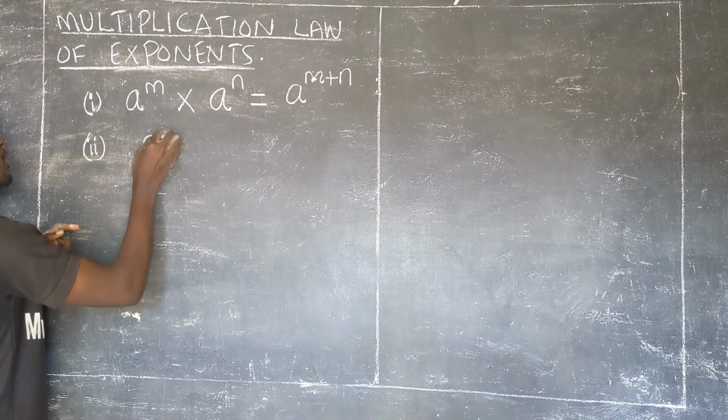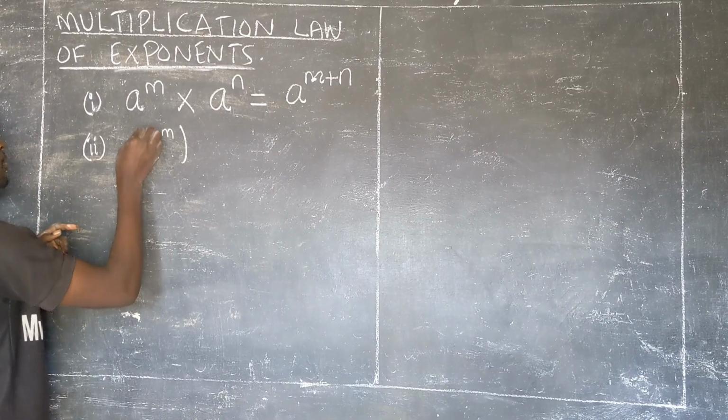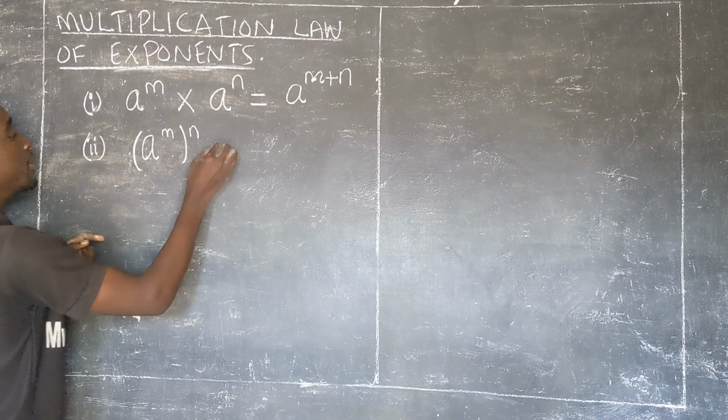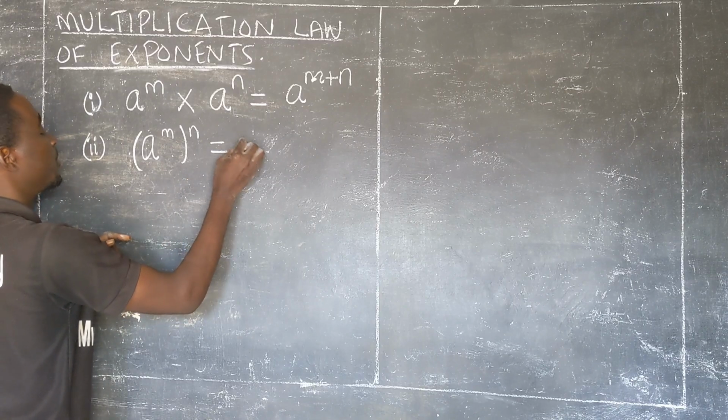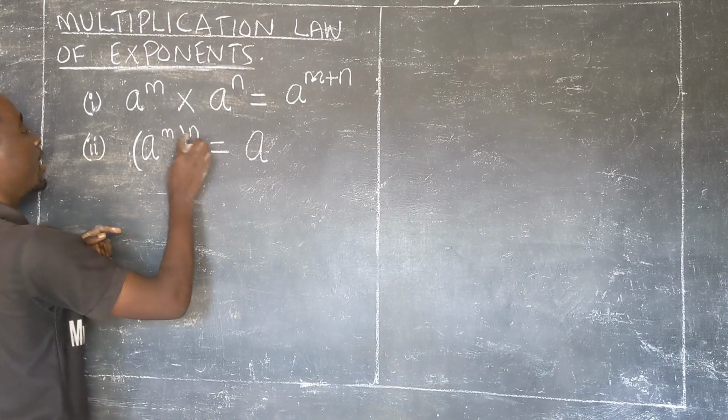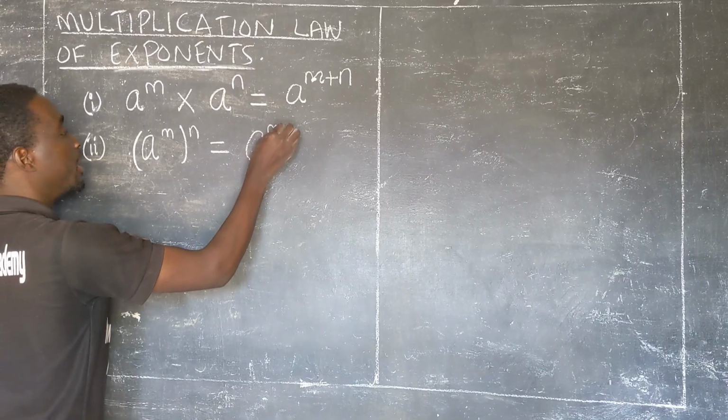a raised to m, raised again to n. In this case, it will be a raised to m times n.